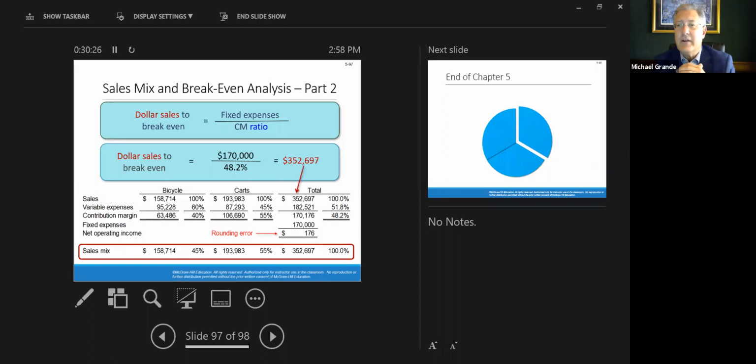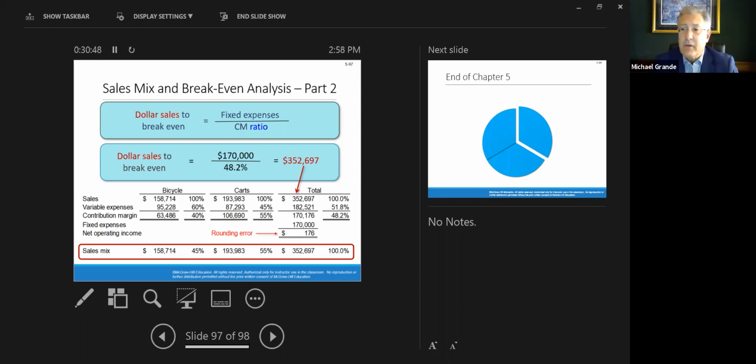So how do we calculate break-even point in sales dollars? Well, we take the total fixed cost, as we did before, and divide it by the combined contribution margin ratio. Come up with total sales of $352,000.